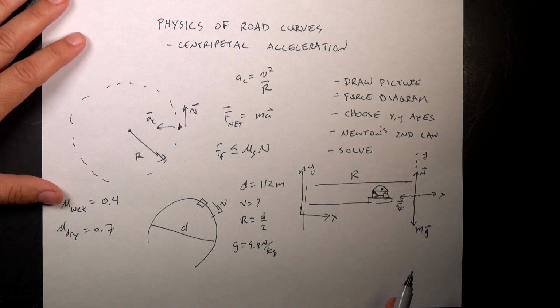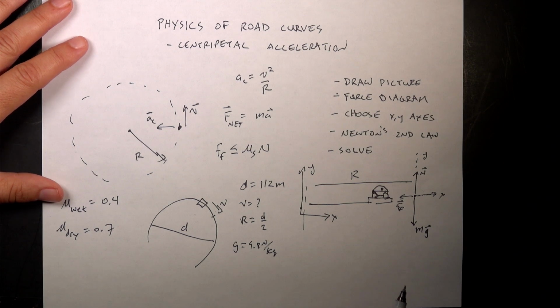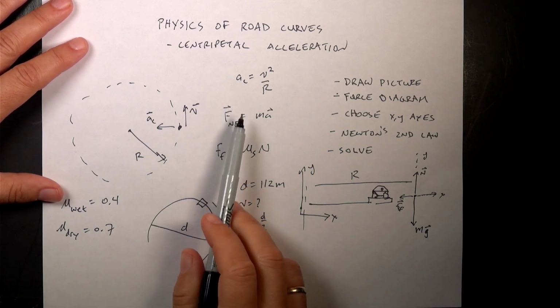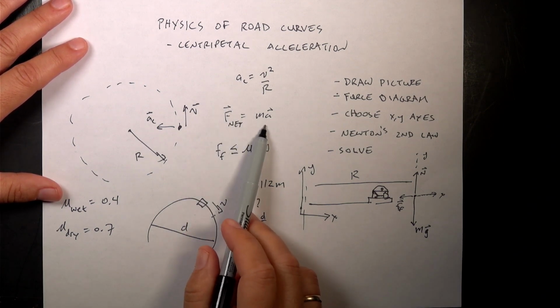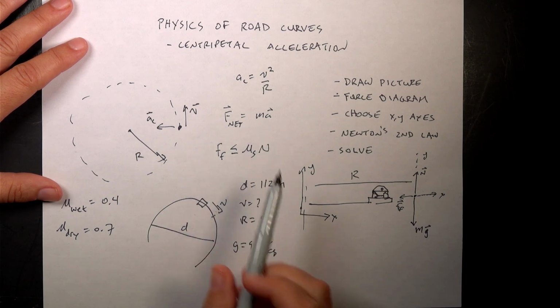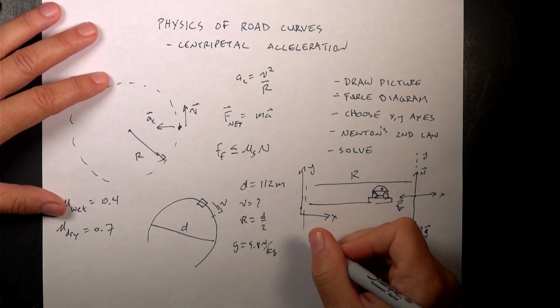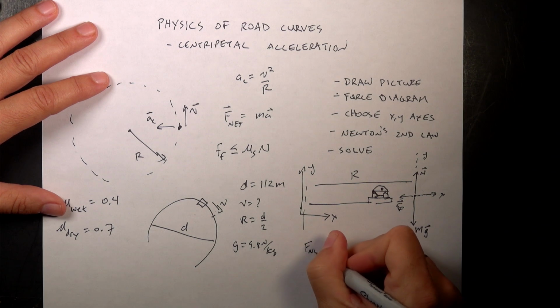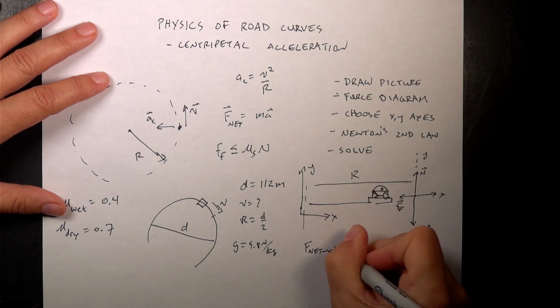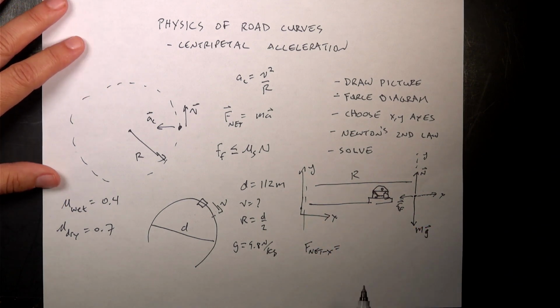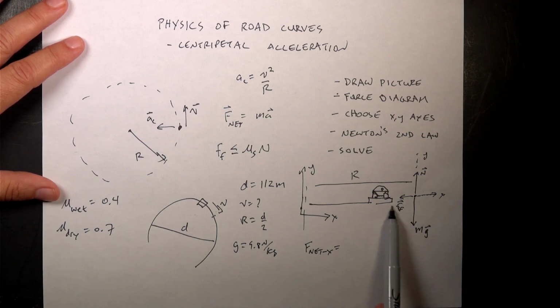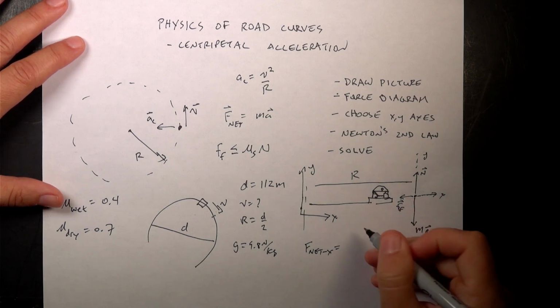I can write down Newton's second law in the x and the y direction. This is a vector equation, but I can write this as F net x equals m a x and F net y equals m a y. F net x is going to be, so what forces do I have acting in the x direction? It's just this frictional force. That's the only thing, and it's in the negative x direction in this case.